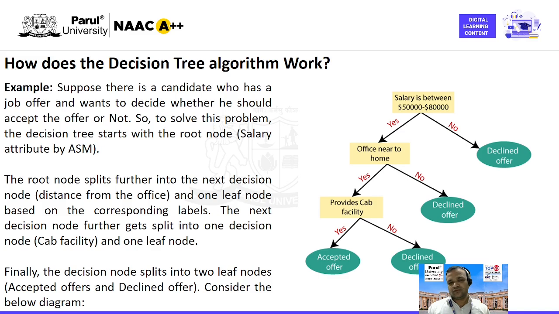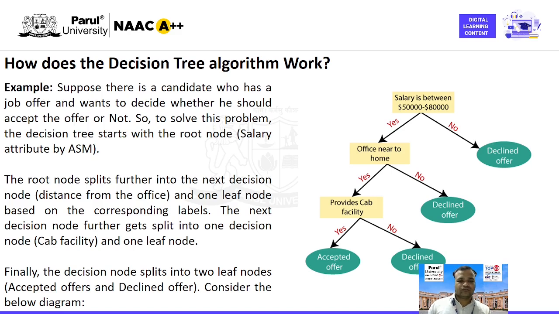Let's take an example to understand how the decision tree works. Suppose there is a candidate who has a job offer and wants to decide whether he should accept the offer or not. To solve this problem, the decision tree starts with the root node. What will be the root node? We can select it via ASM. So we select the salary attribute.